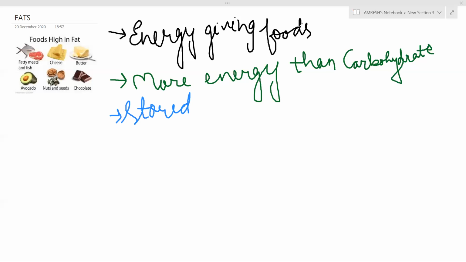But now we will read that fat helps us to keep warm. And the person who eats more fat causes a disease.